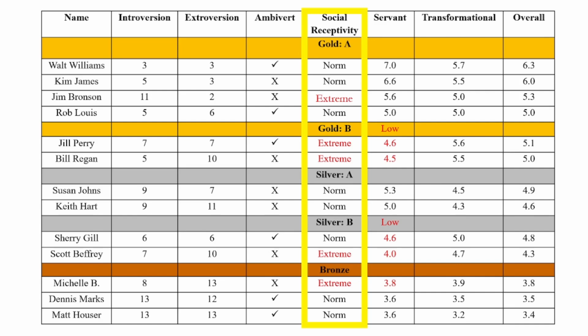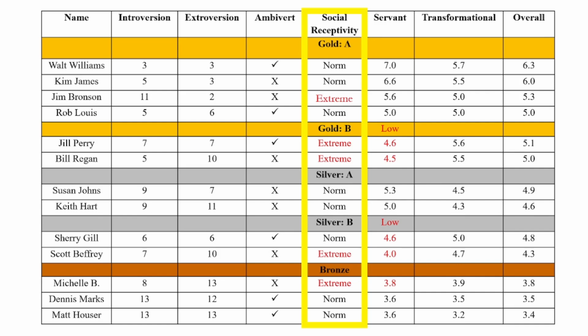Now, we move down to the gold standard B with Jill Perry and Bill Regan. This is where it gets a little interesting because they did fall into the gold standard because of the 5.0 minimum that they scored overall, but their servant leadership score was below the 5.0, and they both came in as a social extreme.